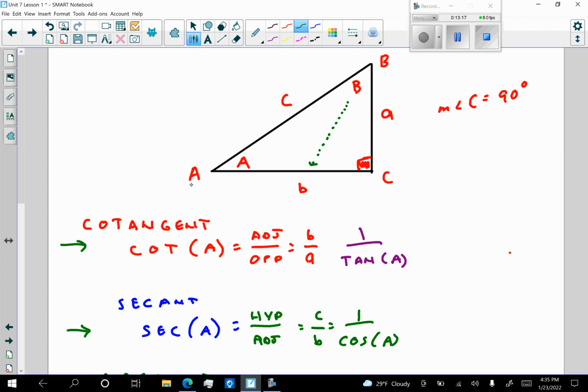And if I have this angle here, A, the side opposite A, I'm going to define as lowercase a. And if I let the right angle be point C or angle C, then the opposite side of that is going to be lowercase c.